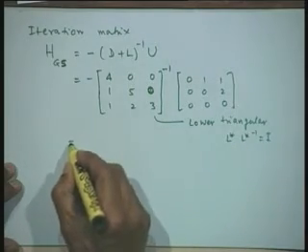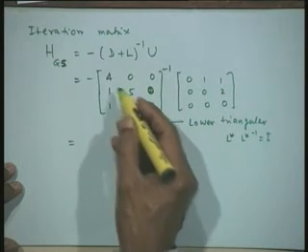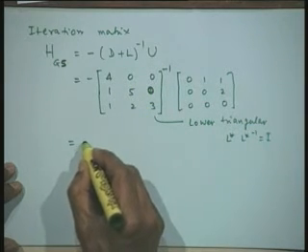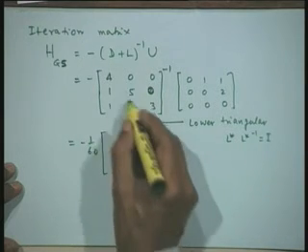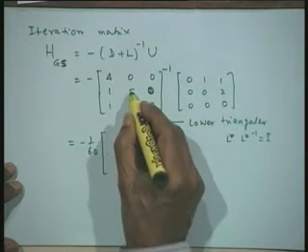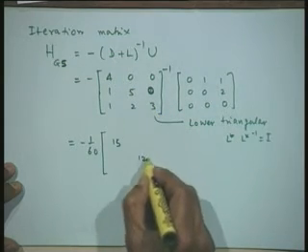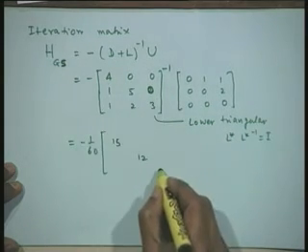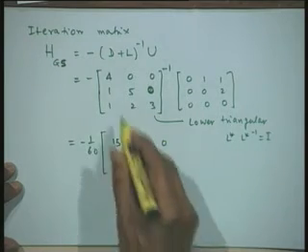I can immediately find the value of the determinant here, which is equal to 60. So we will have here minus 1 upon 60. I can write its cofactors: for this element it is 15, for this element 12, for this element 20, and the inverse of a lower triangular matrix is lower triangular.